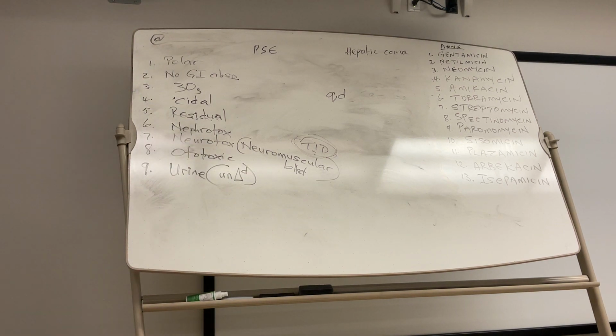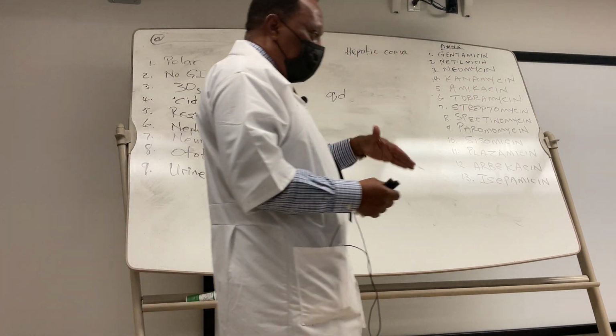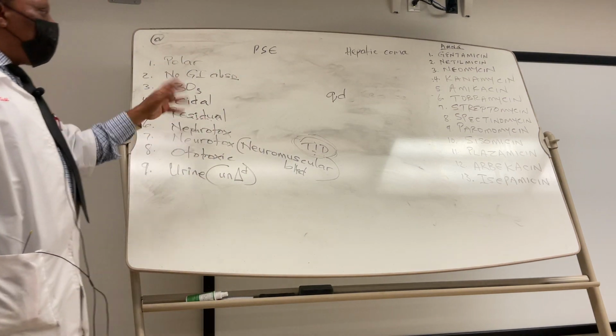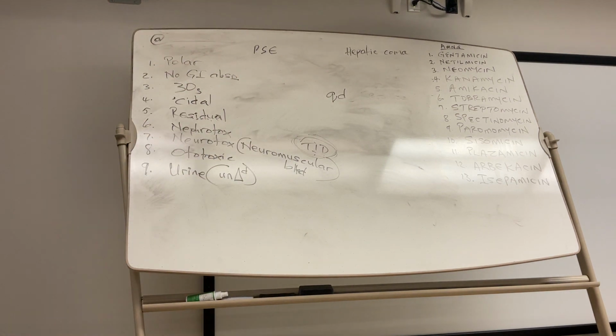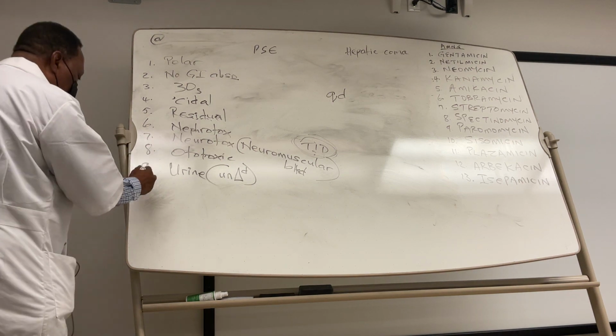So that means whenever you use an aminoglycoside, you have to be conscious of the kidney function. Because if the creatinine clearance goes to like 30 and below, then you have to definitely change the dosage of your aminoglycoside.